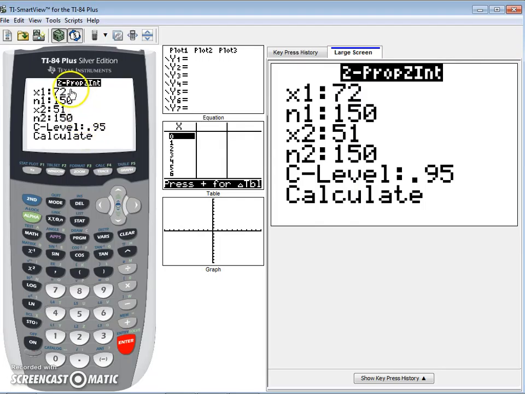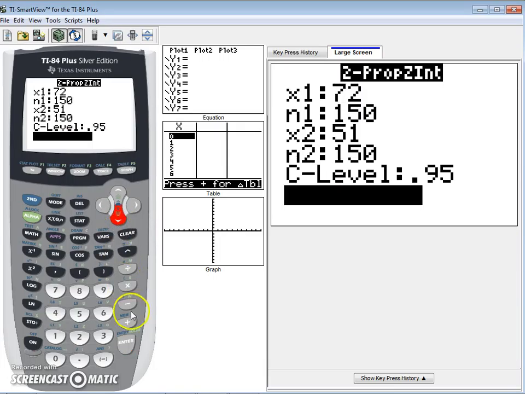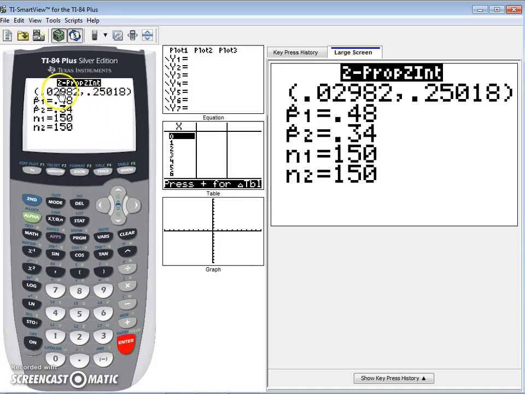We had 72 men out of 150 that live at home, 51 women out of 150 that live at home. I'm going to do a 95% confidence interval, and I'm going to calculate, and in this case I get a confidence interval between 0.02 and 0.25.